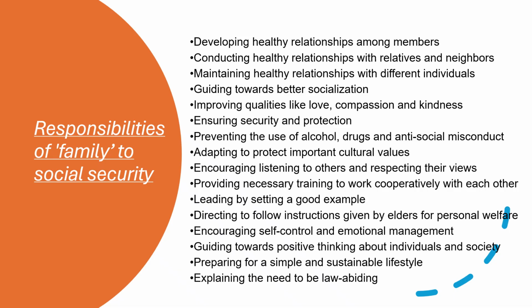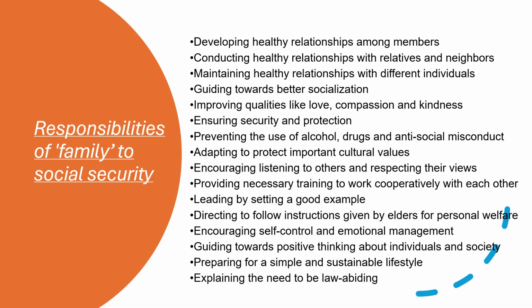Our family isn't the only thing that should be there in social security. Well, it is one of the main things, but for the family to be one of the key points of social security, they've got some responsibilities to do. And when I say some, I mean a lot, like a truckload of responsibilities.